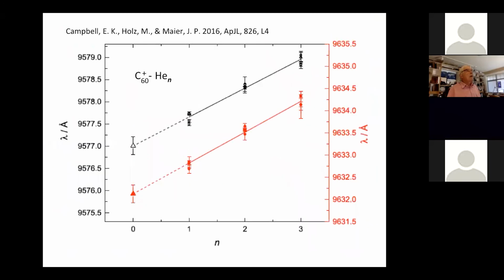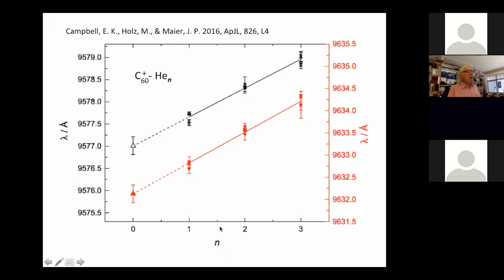What happened then is that Ewen went back and repeated the experiment for a series, selecting a series of different components or ions associated with different numbers of helium atoms.